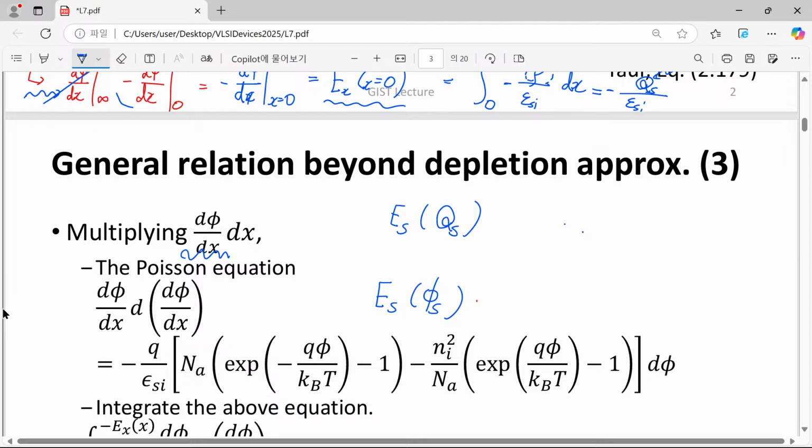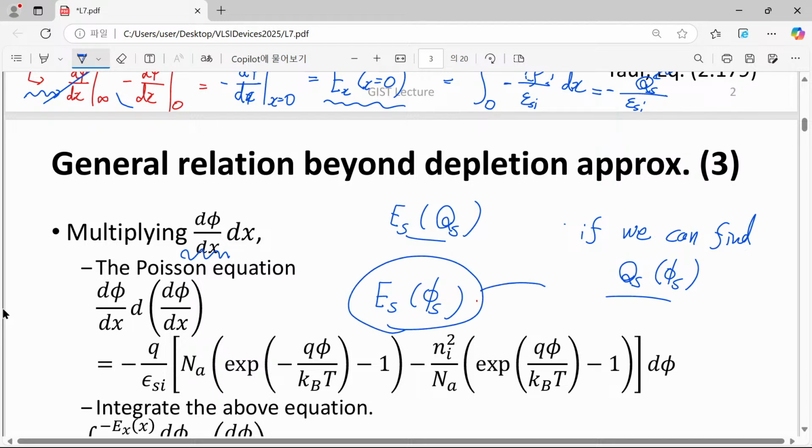If we can find the relation between QS and phi S, then by combining these two, we will find this form. However, actually finding this form is not that easy. So this pathway is not available.